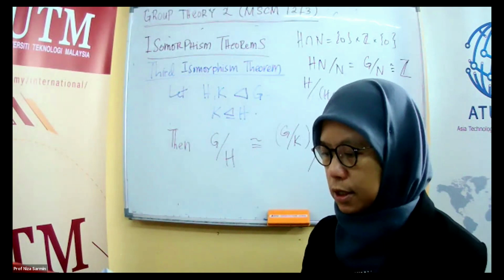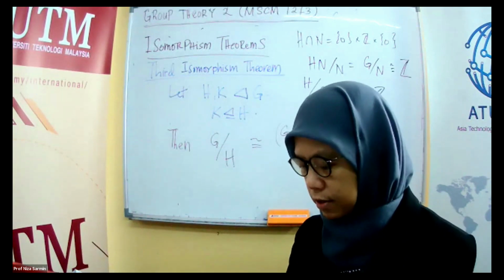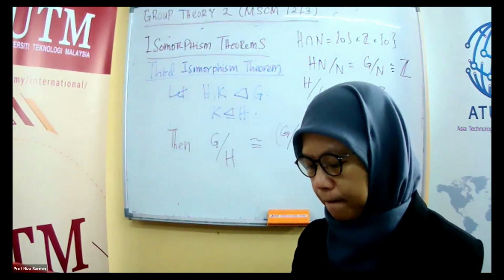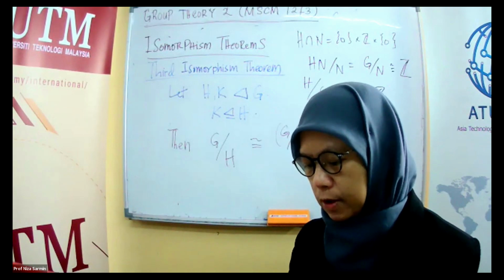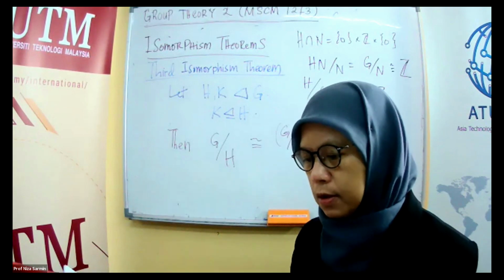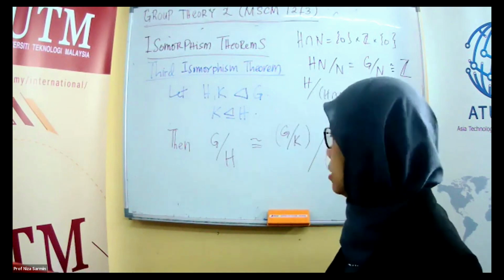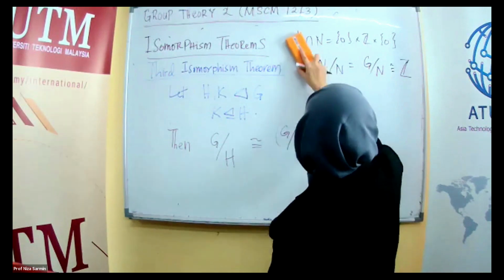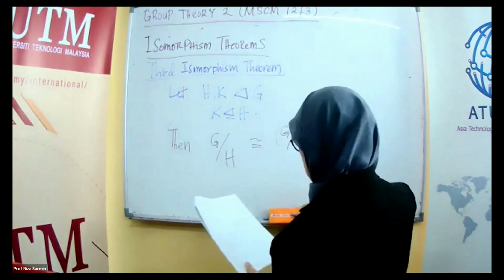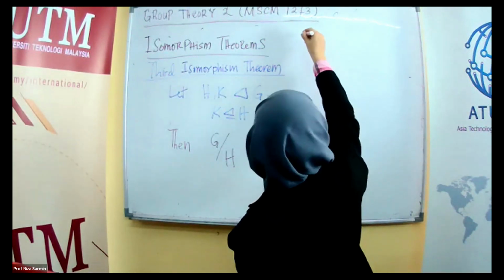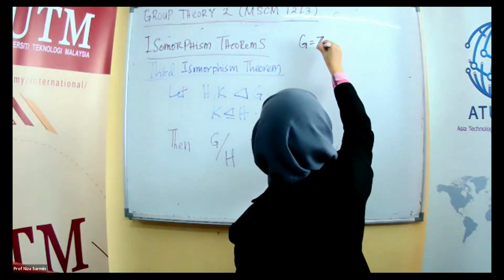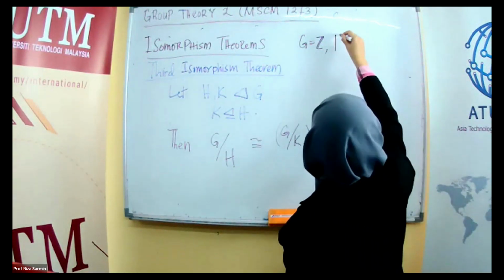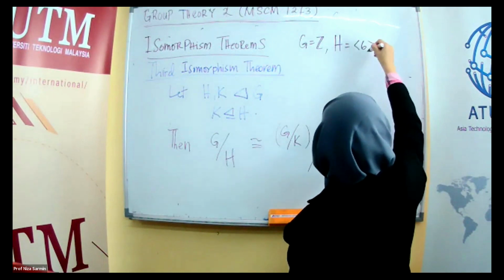Let me see if I can find an example. Okay, example. So G is Z, H is 3Z, K is 6Z.